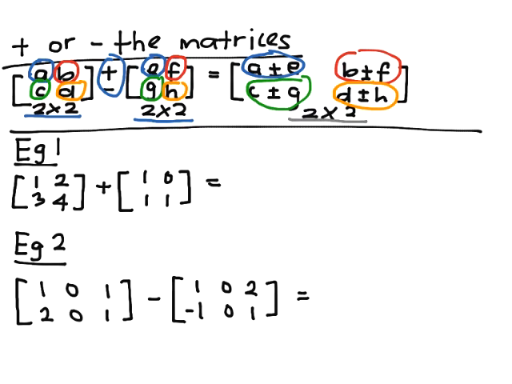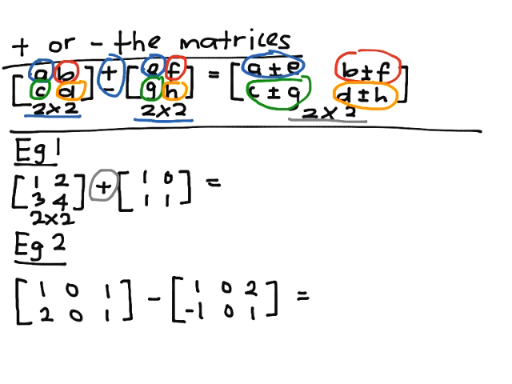Alright, so now let us go with the first example. For our first matrix, 1, 2, 3, 4, we have the size 2 by 2. Now we want to do the operation of plus. When we do the operation of plus, we should have the same size of matrix.